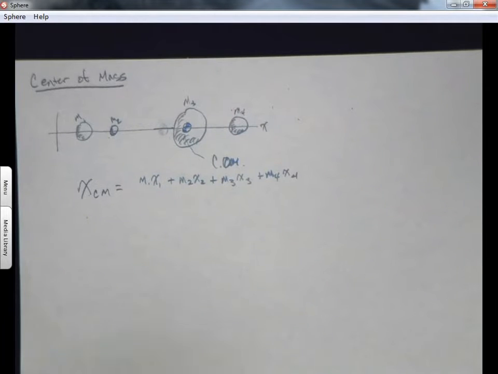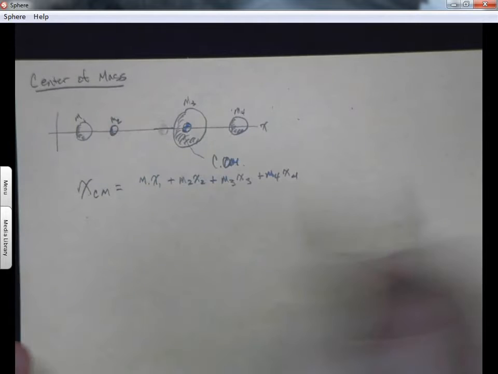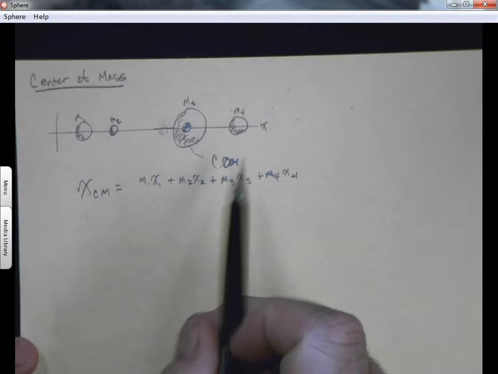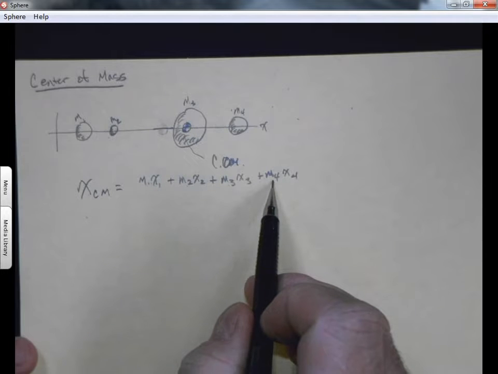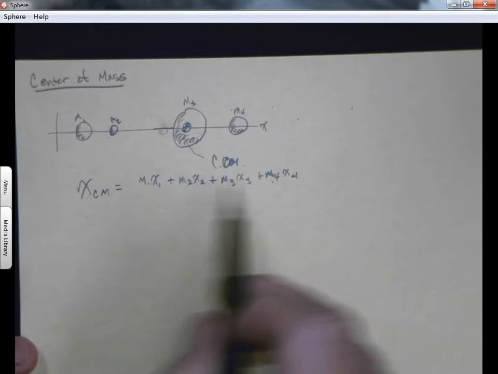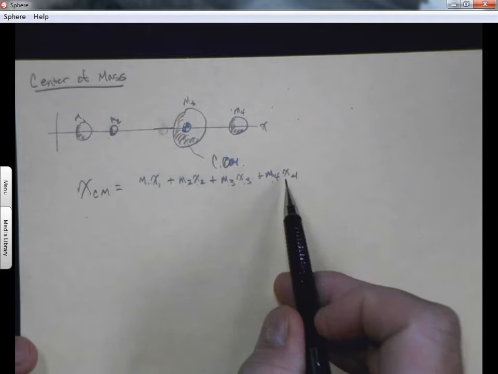This is where the term comes from: it's a weighted average of these 4 masses. The mass would be the weight, and the value along the x-axis would be the other thing we're averaging.